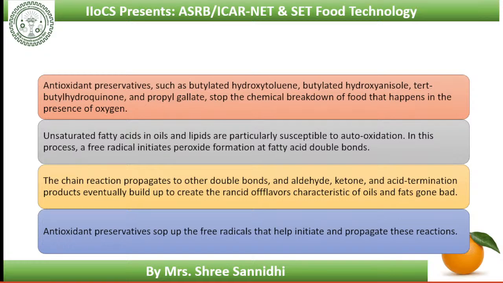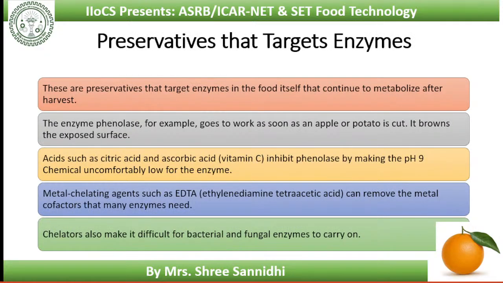So this is how rancidity occurs. Rancidity occurs very fast in unsaturated fatty acids because they have the double bonds which are susceptible to such oxidation. Antioxidant preservatives mop up the free radicals that help initiate and propagate these reactions. Okay, that's all about antioxidants.